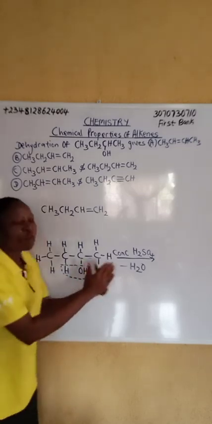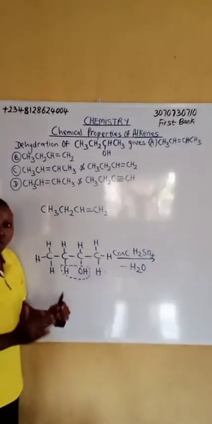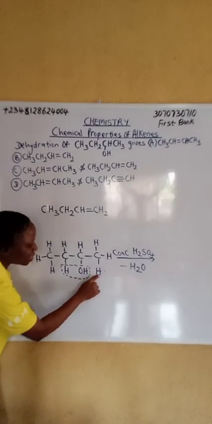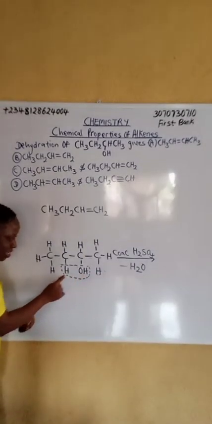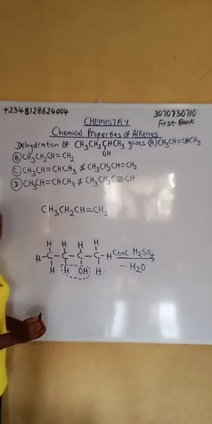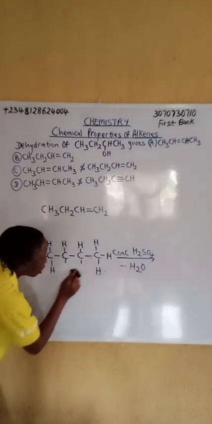It shows that we can remove a water molecule in two different ways. Either you take this hydrogen and this hydroxyl group, or you take that hydrogen and this hydroxyl group. That is another way. So let's remove this hydrogen and hydroxyl group and see what we are going to have.